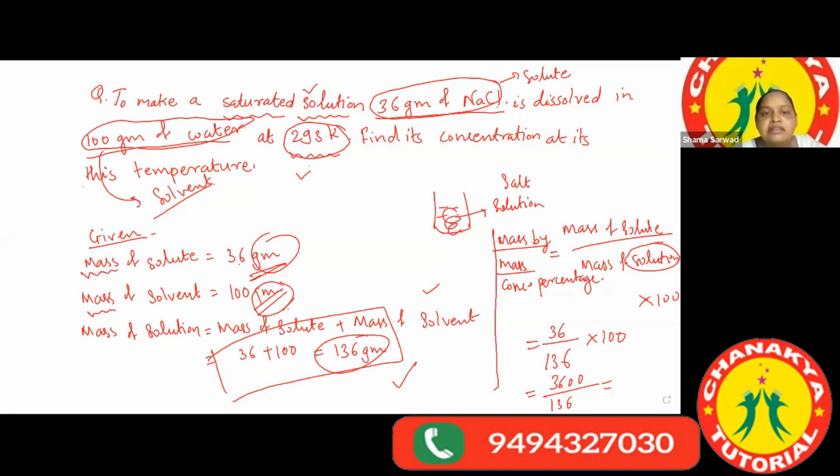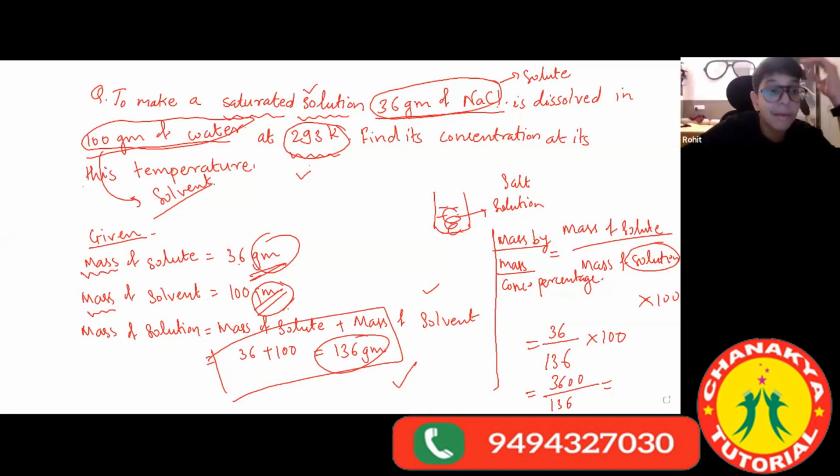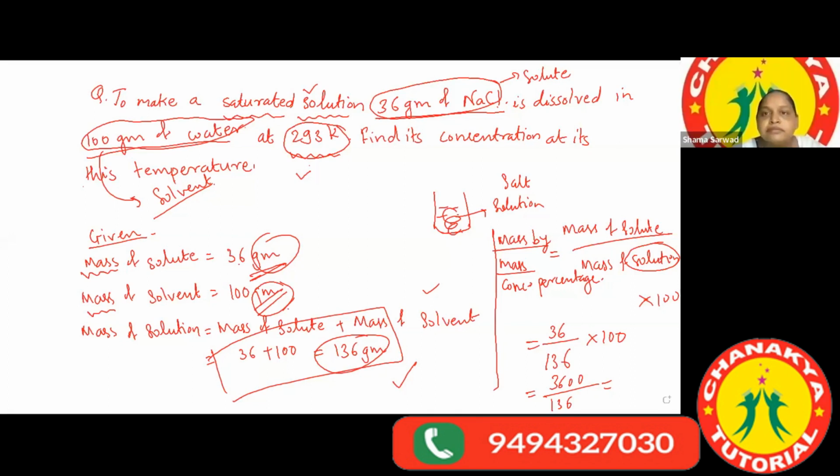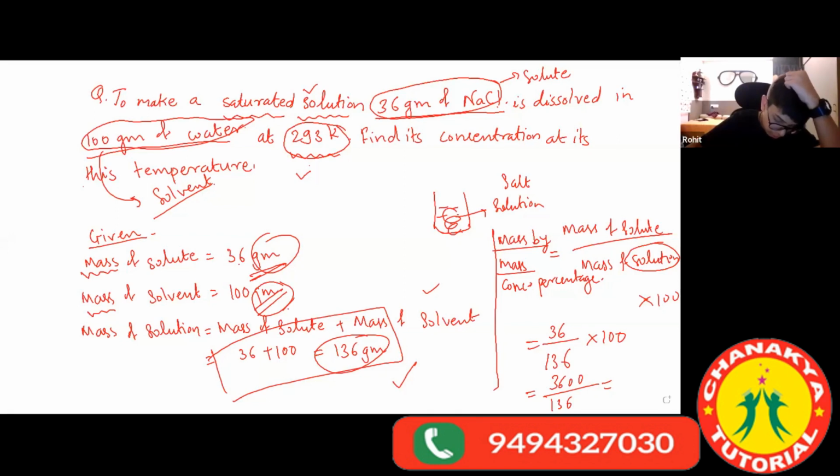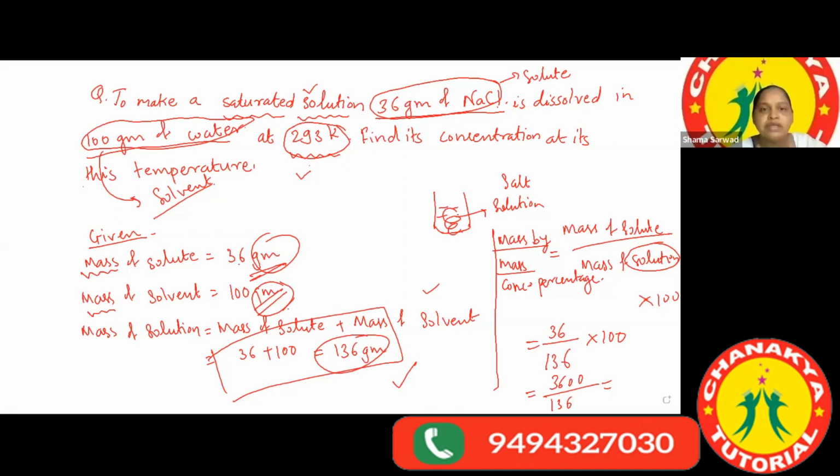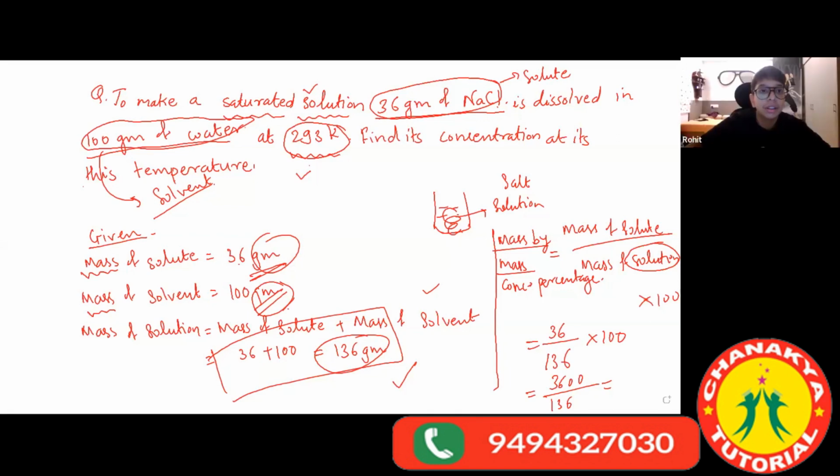Rohit, your answer is still pending. Ma'am, I'm solving it. I'm doing the division. Okay, hurry up. How long will it take? Ma'am, I sent it to you, 263.1. Check it once.